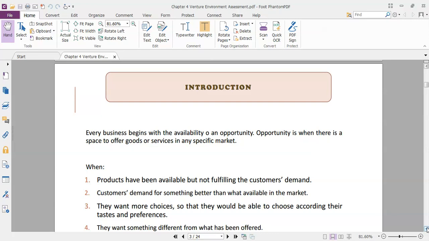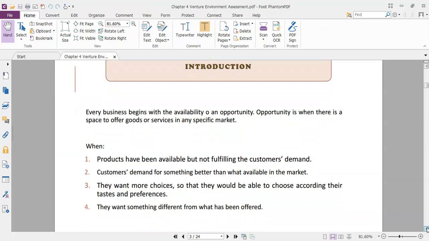So it is not fulfilling the customer's demand. Customers demand something better than what is available in the market, and they want more choices so that they can choose according to their taste and preference.